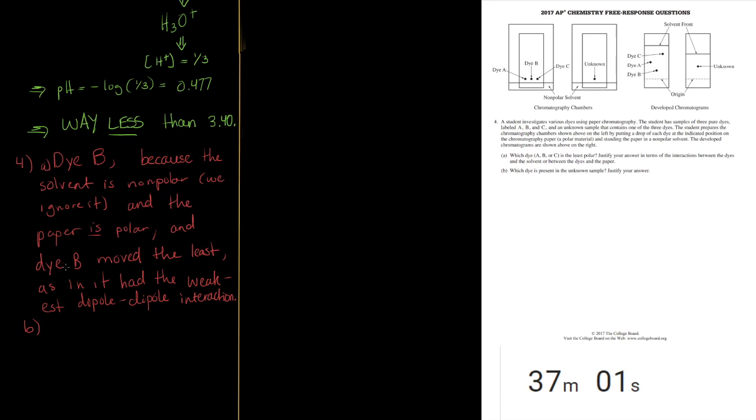Which dye is present in the unknown sample? Justify your answer. Again, I preface this by saying I do not know what dye chromatography is. But it can't be dye B because they started in the same place and didn't end up in the same place.